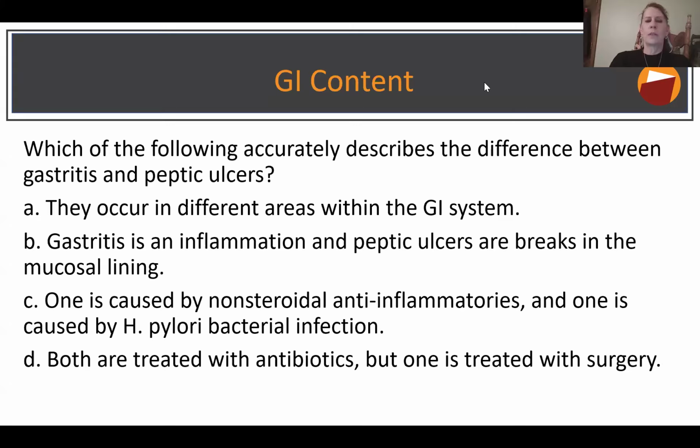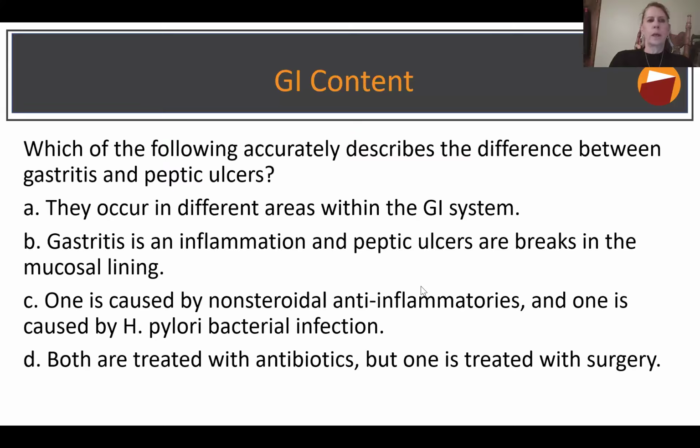We'll do the polling for these last 4. Most people said it is 2.